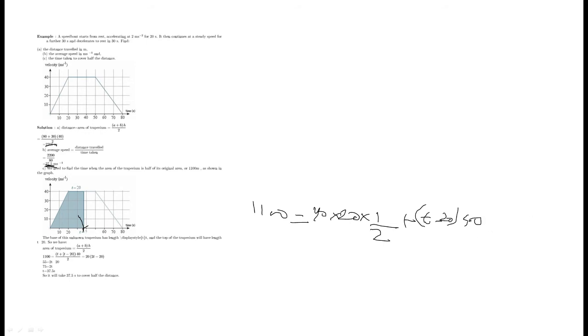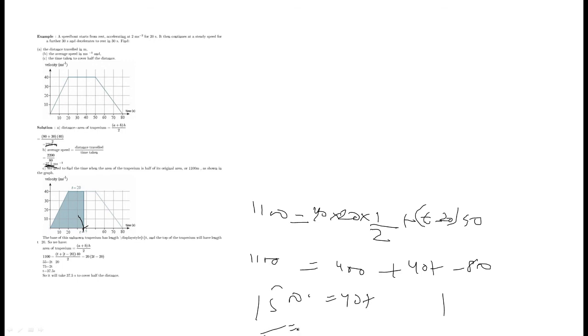So this gives 1100 equal to 400 plus 40t minus 800. So this gives 1500 equal to 40t.